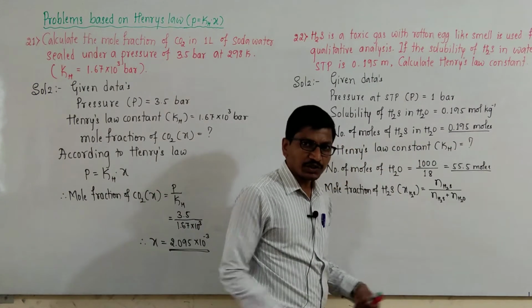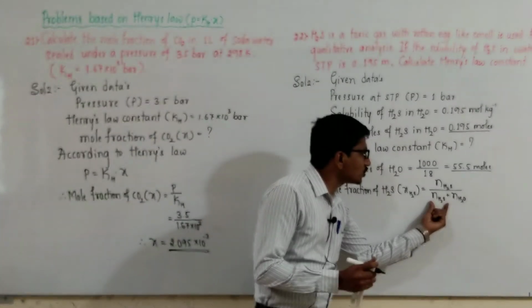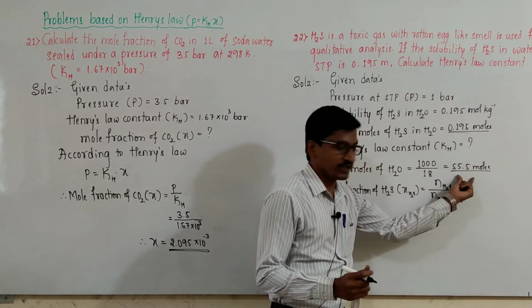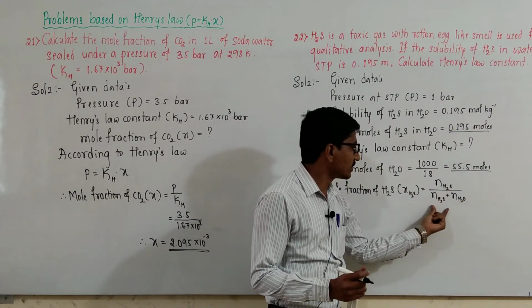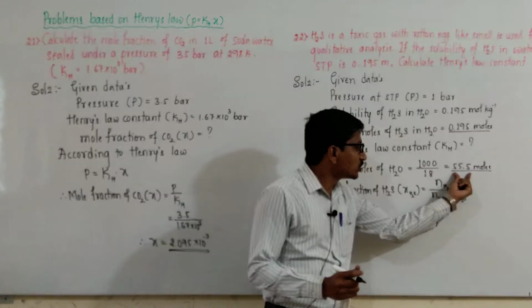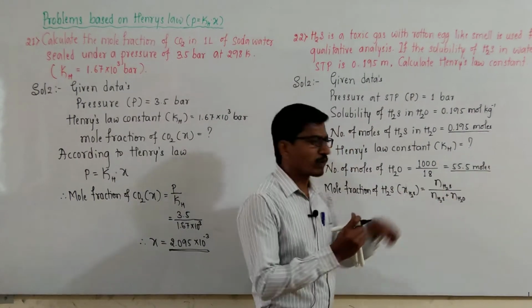From this relation, in the denominator, NH2S is negligibly small as compared with NH2O, so directly NH2O is taken, or they substitute and take it.